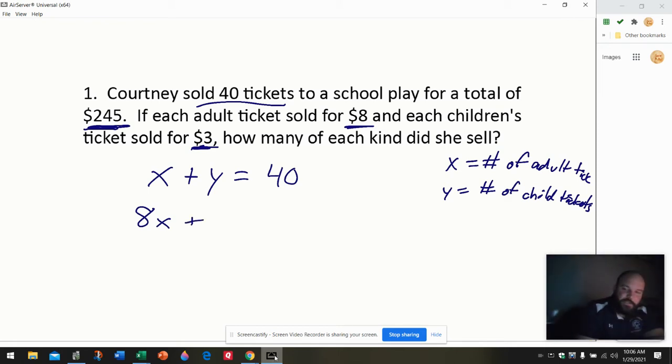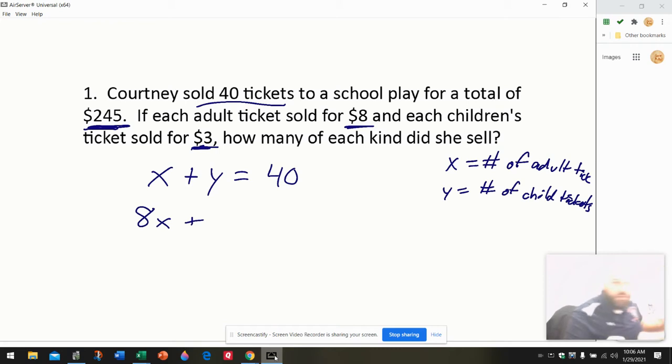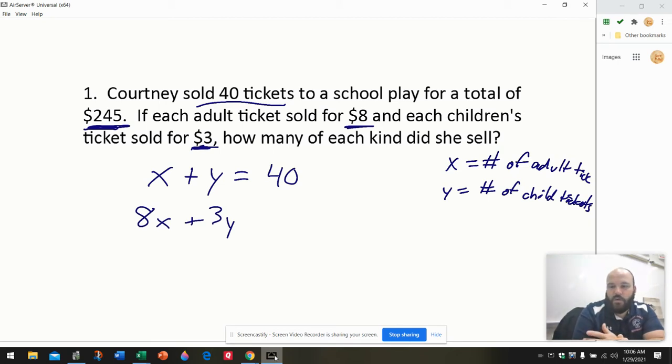In addition to that, we also sold children's tickets. The children's tickets were $3 each, so 3 times Y. We don't know how many we sold, but we know there's Y amount. And what we know is the total sales altogether was $245. And so now we have our second equation: $8 times X, the number of adult tickets, plus $3 times Y, the number of children's tickets, will equal $245 total.